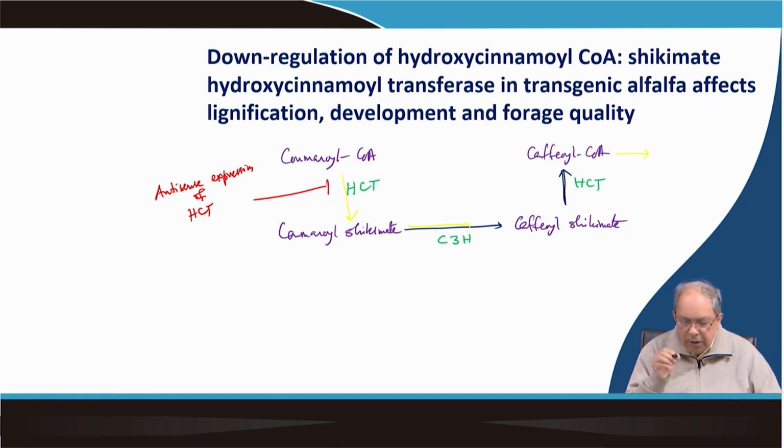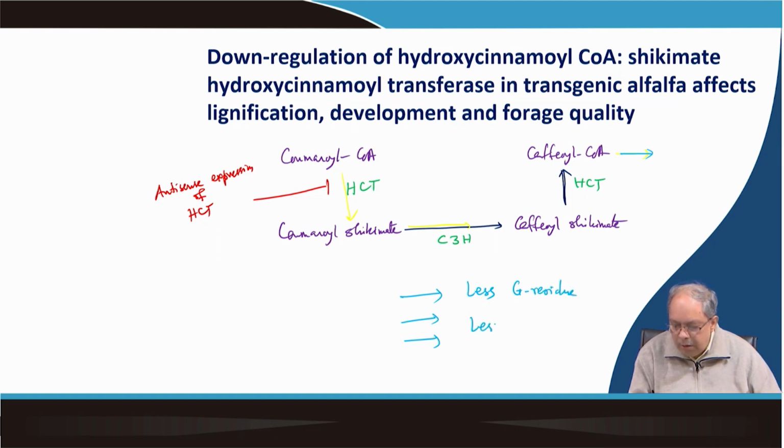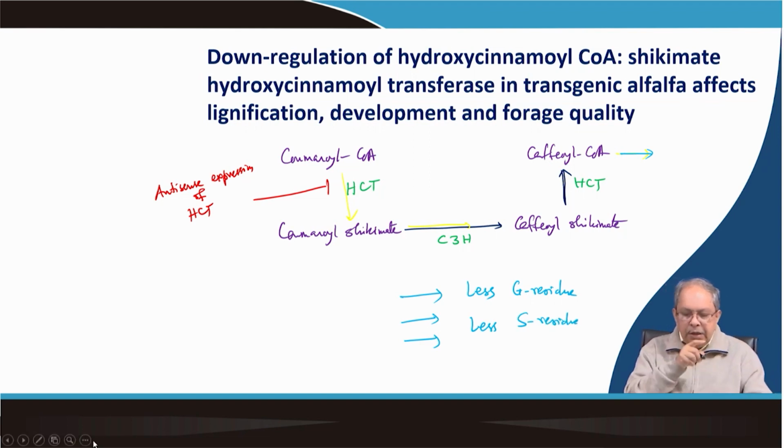One thing is that if you make antisense suppression of HCT, it is very important, because that will lead to, okay, space is less, I put it here, less G residue, even less S residue, because you are controlling at this point HCT, which forms coumaroyl shikimate from coumaroyl CoA.